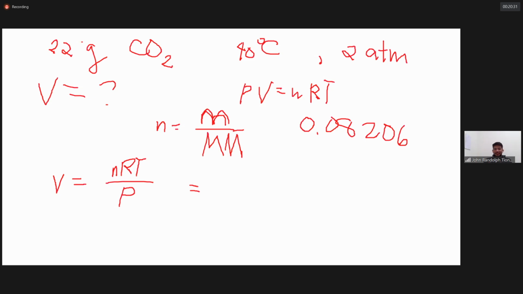Malaki nga. Naka-liters ka na dyan eh. Ba't nilagyan mo ng liters kung hindi pa yan tapos? Volume na yan. How about the others?